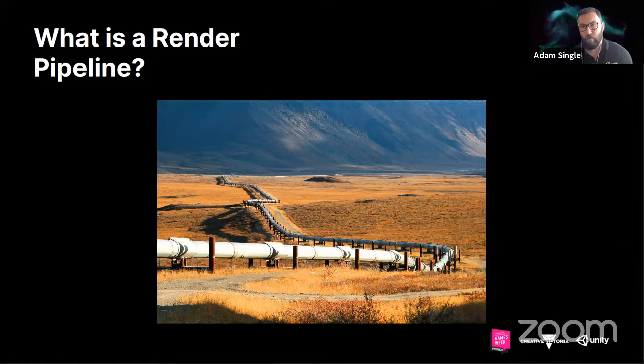A render pipeline performs a series of operations that take content of our scene and display it on the screen. There's numerous parts to that process, but at a high level, these operations are culling, which is removing things that can't be seen, rendering, which is literally displaying what can be seen on the screen, and then post-processing, which is applying some extra effects across everything.